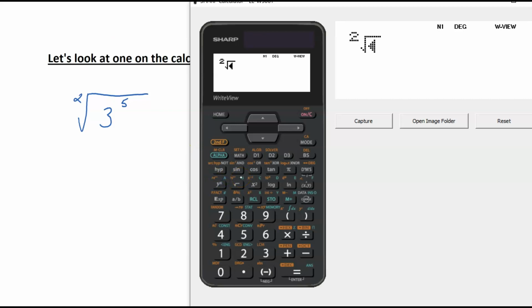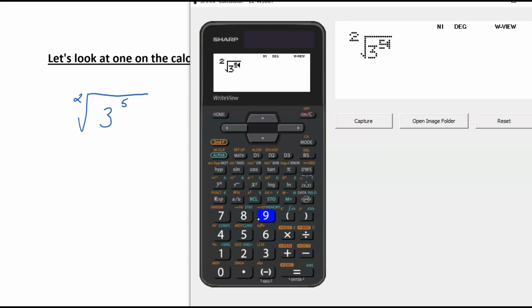All right, so it's showing that I'm doing the square root of, now I want to enter 3 to the power of 5. The y to the x is the power key, so we put the base in first, 3, hit the y to the x, to the power of 5.